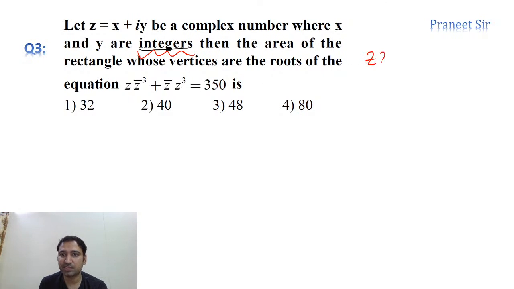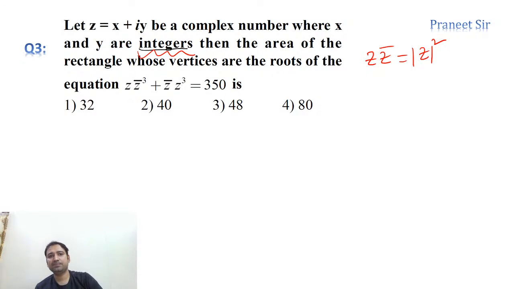So we know z into z bar, guys. z into z bar is |z|² only. So we can take z into z bar common. This question we didn't discuss, guys. z into (z bar)³ plus z bar into z³.